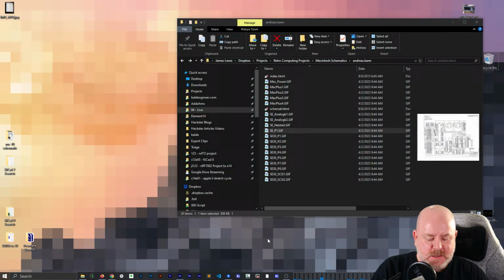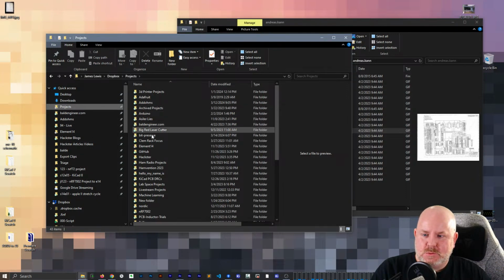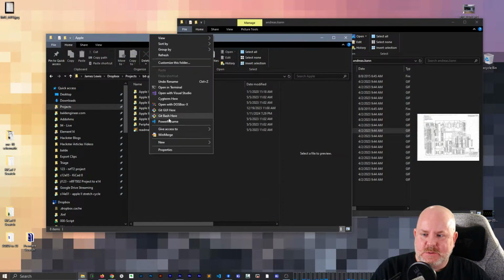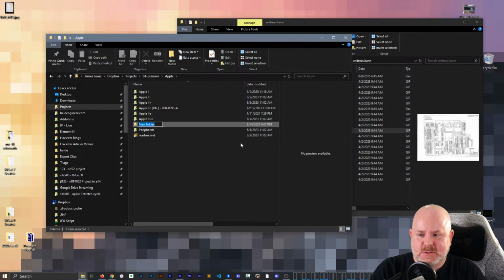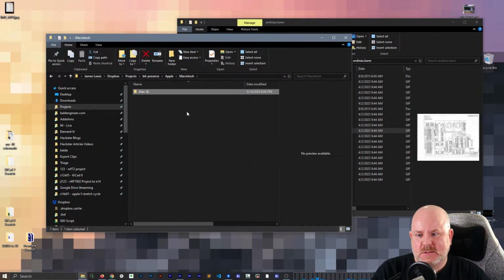And then I need to go and create a thing. All right, so we didn't have any Macintosh, so I'm going to make a new folder, Macintosh. And then for the moment, I'm just going to do new folder, and we'll just call this the Mac SE.